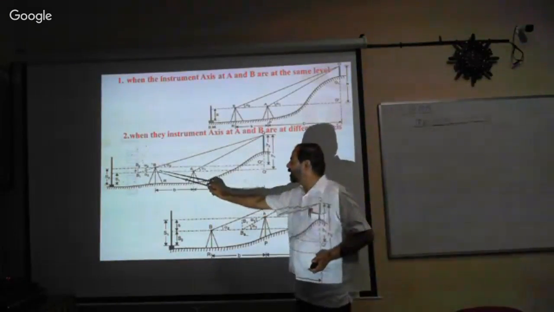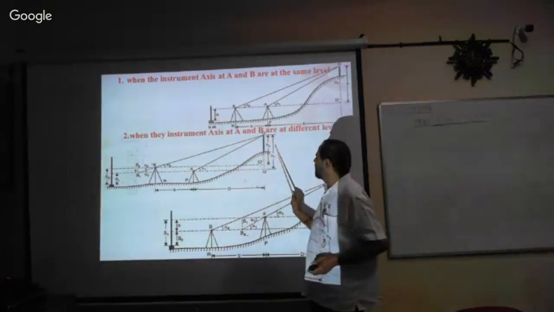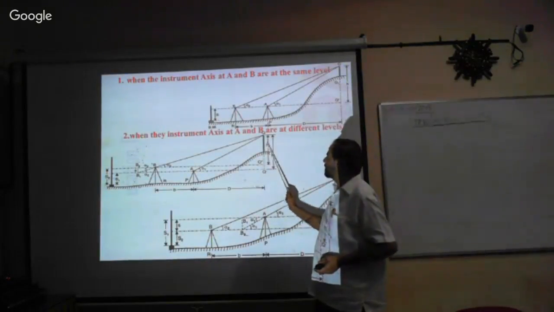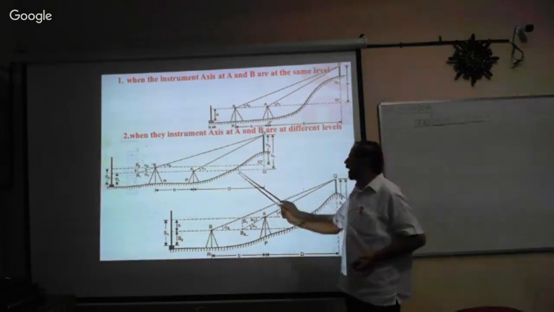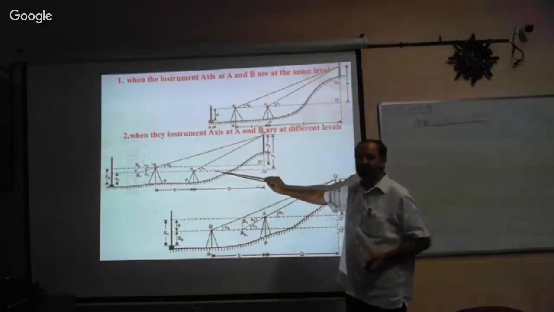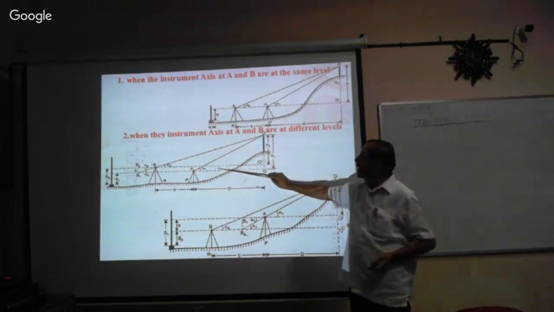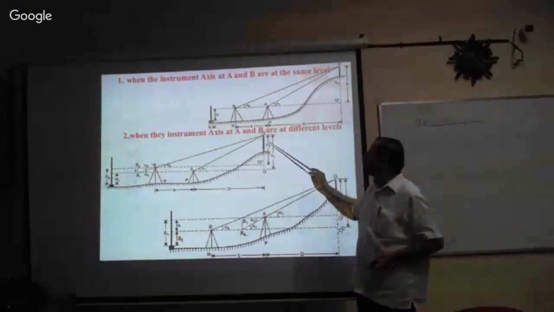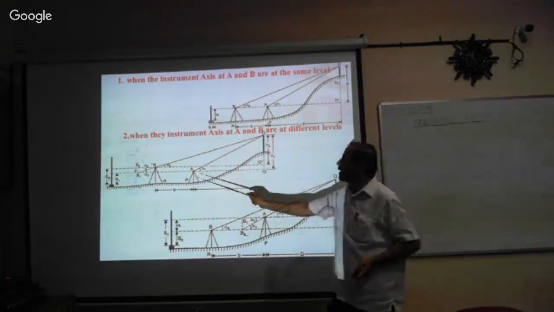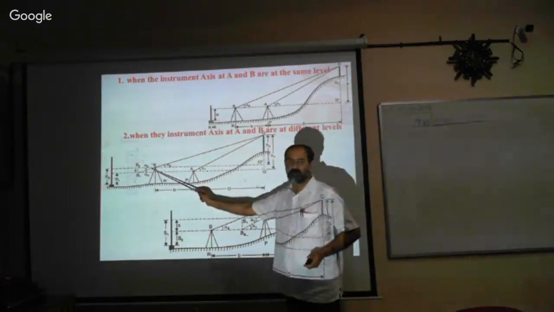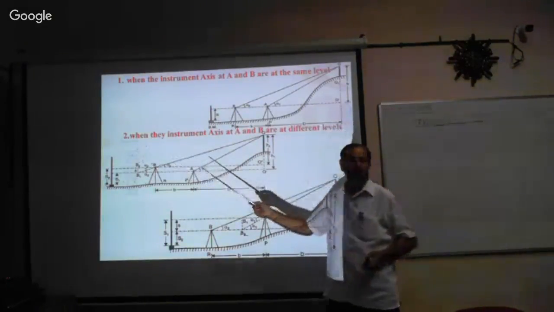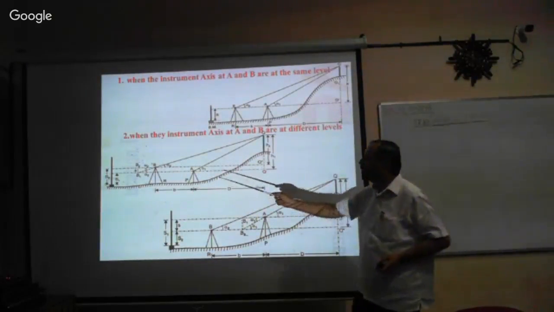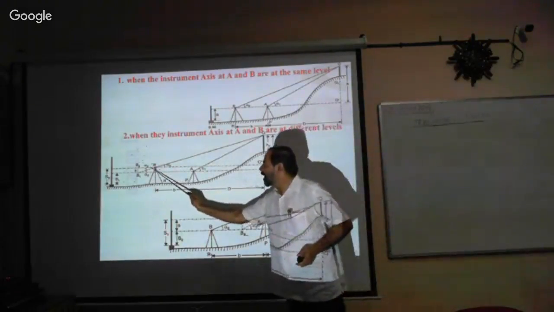If we make the line of sight, H1 is above the instrument axis, the first instrument axis. H2 is the height of the object above the instrument axis at instrument station 2. So now extend this and find out.